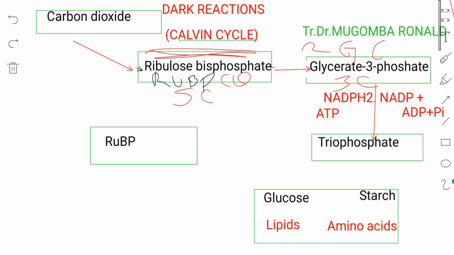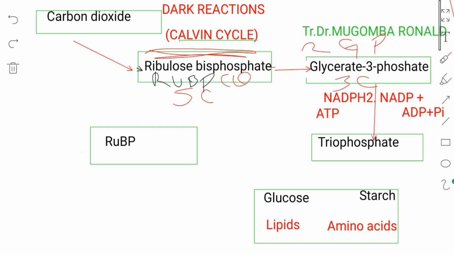We have 2 molecules of glycerate 3-phosphate. That whole stage is known as the carboxylation stage of the Calvin cycle. The next stage is known as the reduction stage.